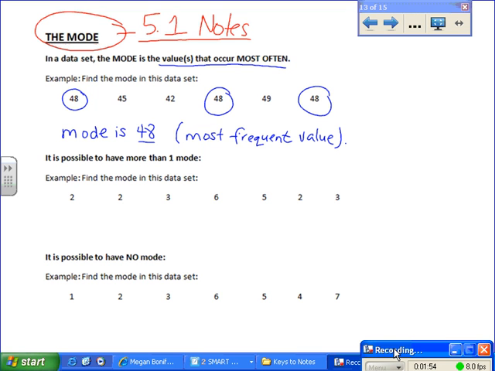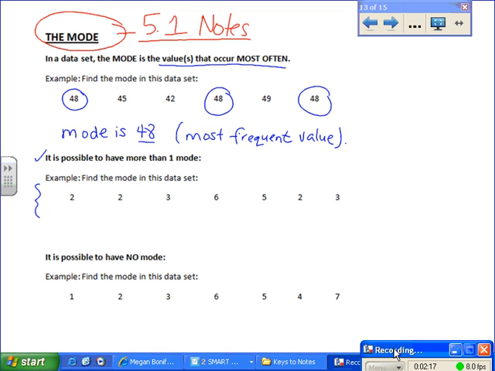Okay, it is possible to have more than one mode. If we see two or three values that are occurring multiple times, we can say that those are the modes. So for example, let's look at this data set: 2, 2, 3, 6, 5, 2, and 3.